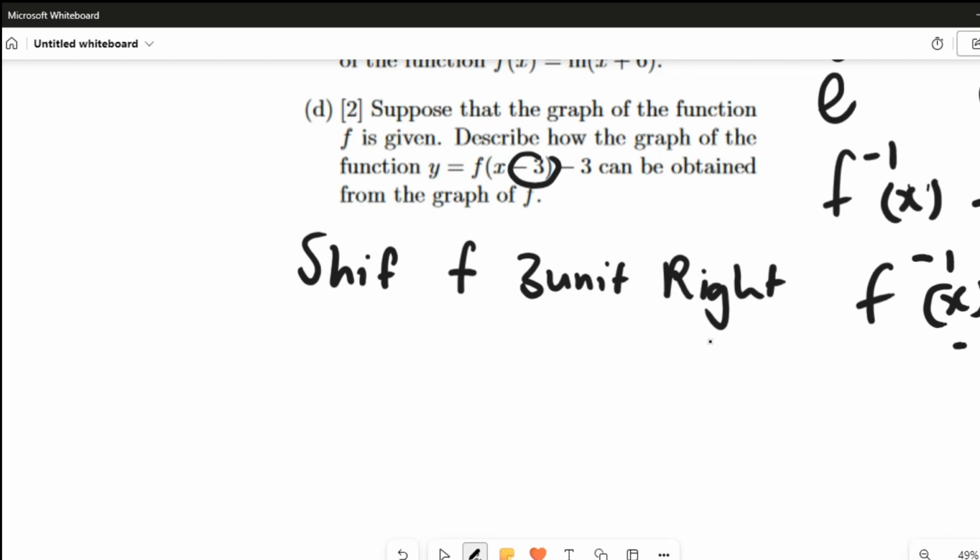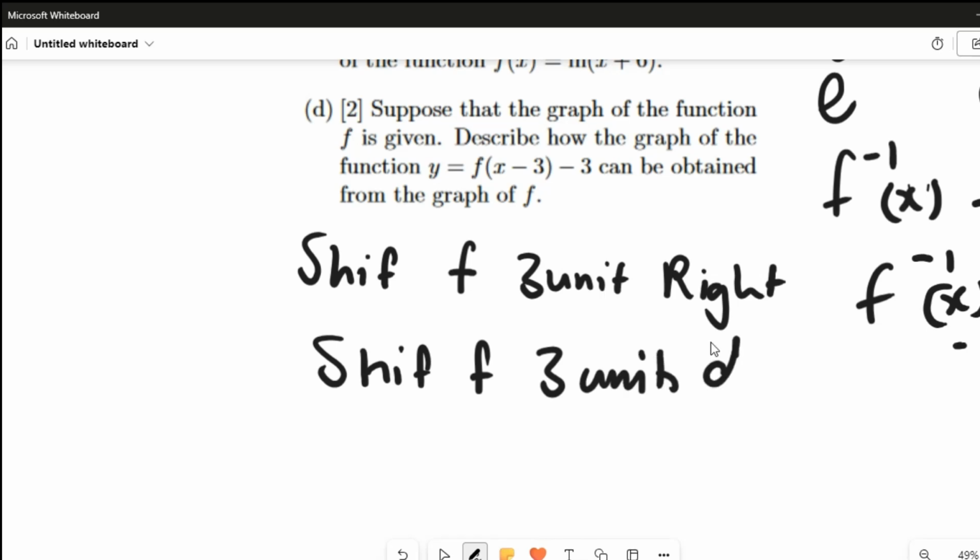And then with a minus sign outside here, you move 3 units down. You shift f again 3 units down. On the y-axis, the minus goes down, the plus goes up.